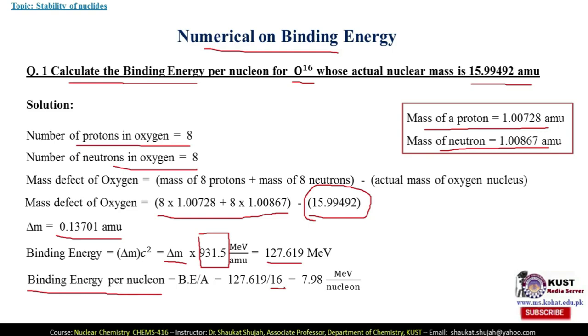In this case, the nucleon number is 16. So 127.619 divided by 16 is equal to 7.98. So the binding energy per nucleon for oxygen is 7.98 MeV per nucleon.